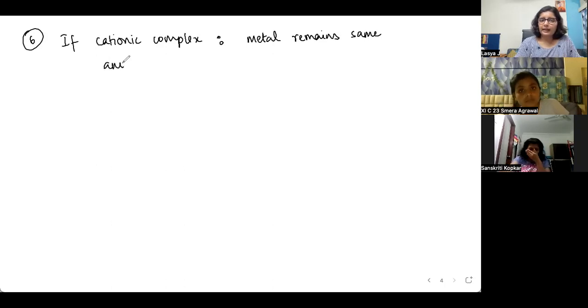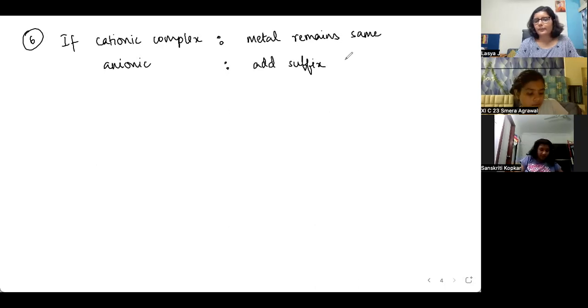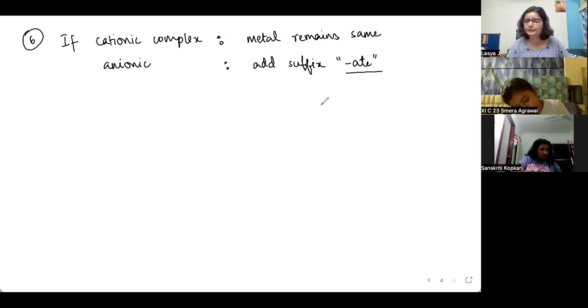But if it's an anionic complex, you need to add the suffix -ate, like sulfate, phosphate, nitrate, carbonate.